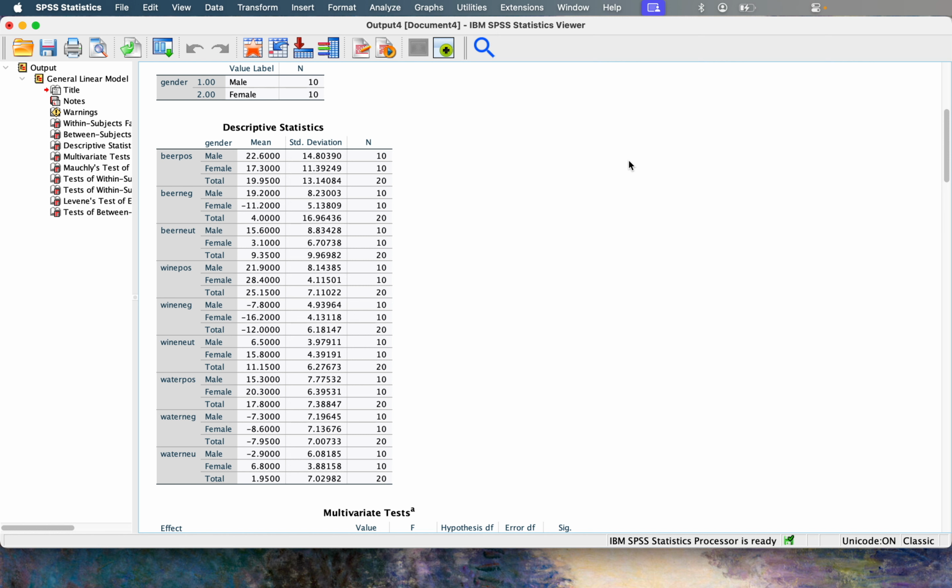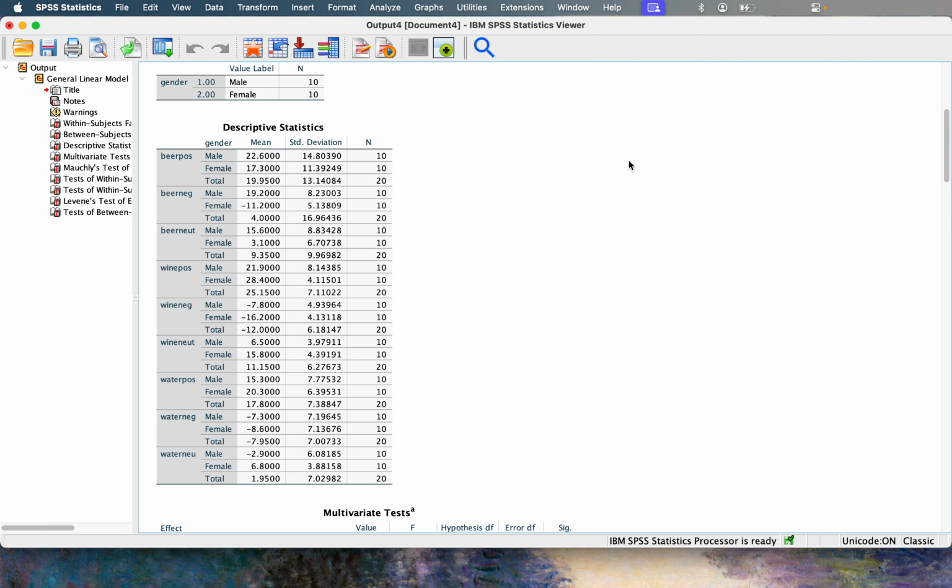So females rated wine really low. I'm not going to keep going through all the numbers just to save time. But this is kind of interesting. Males showed greater, I guess you could call it, resilience to negative imagery, especially for beer, which I'm not surprised.